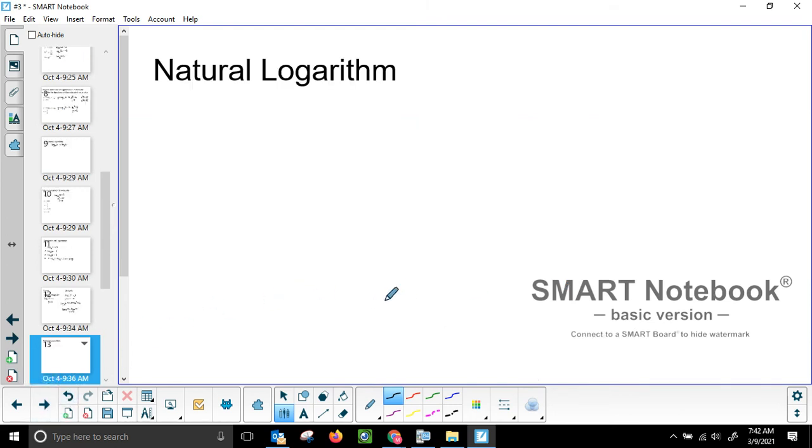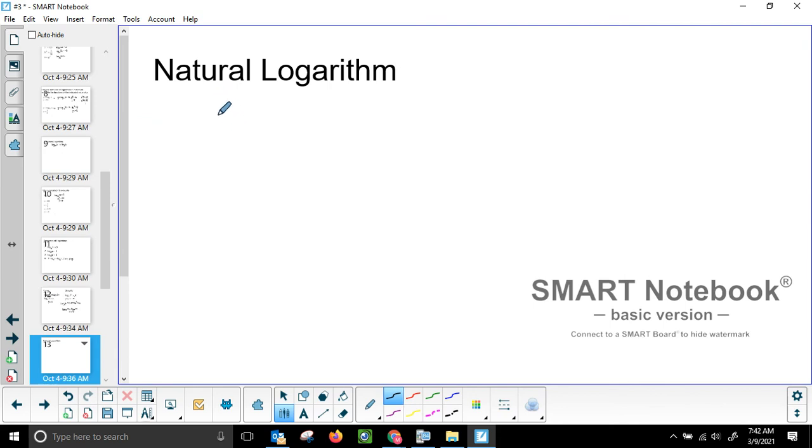All right, the natural logarithm. Yesterday we talked about a new number that we call e. We found it by finding the limit as x approaches infinity of 1 plus 1 over x, all to the x power. We said that was e, which comes out to about 2.7182.